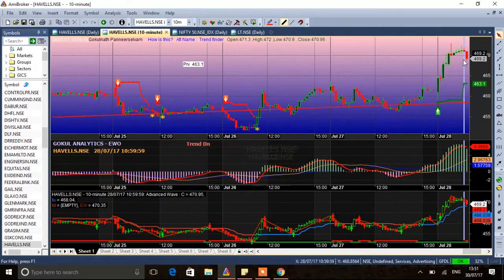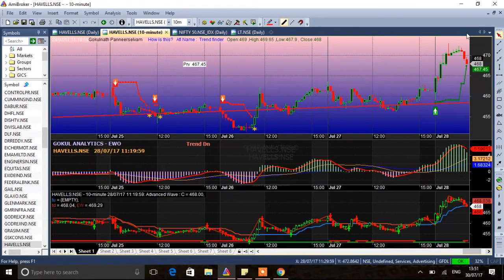So now we got the next 10 minute candle, we got like 468.65. So now I'm trailing my stop loss to 470. I shorted at 471, so already I'm protecting the 1 rupee profit which I lost in the previous shorting. So I protected my 1 rupee profit, and the next candle comes down.